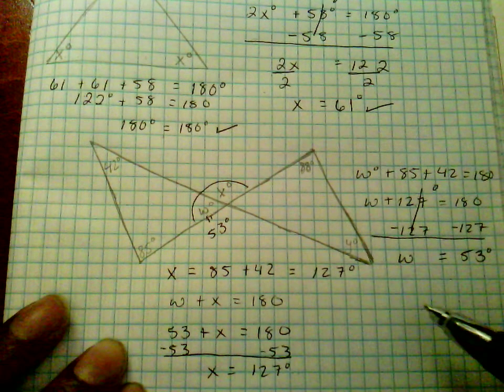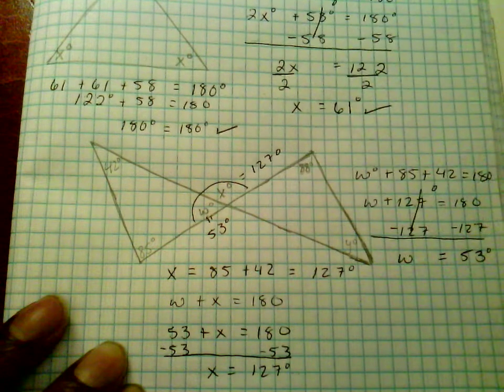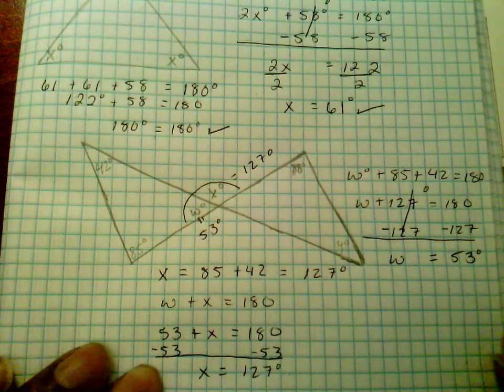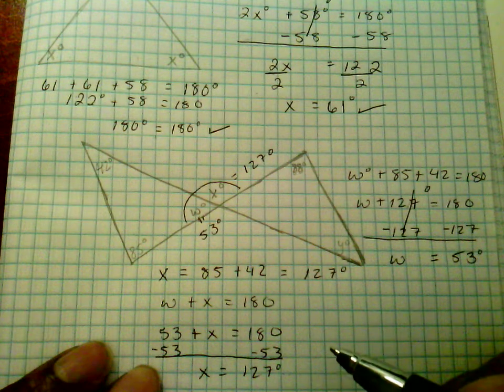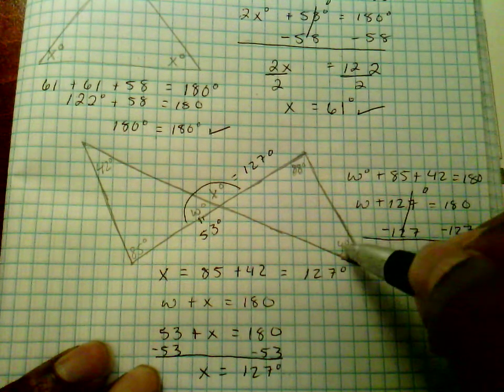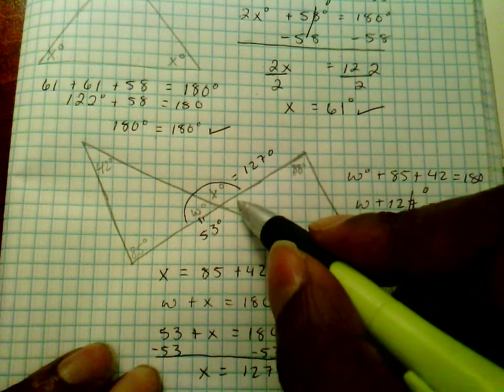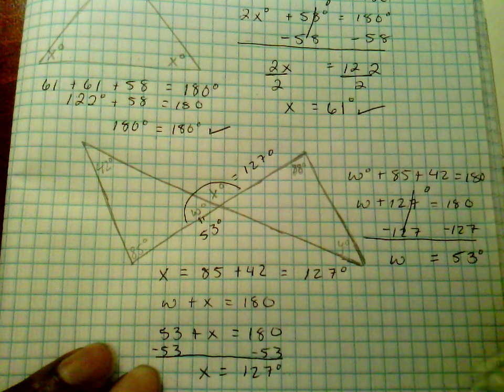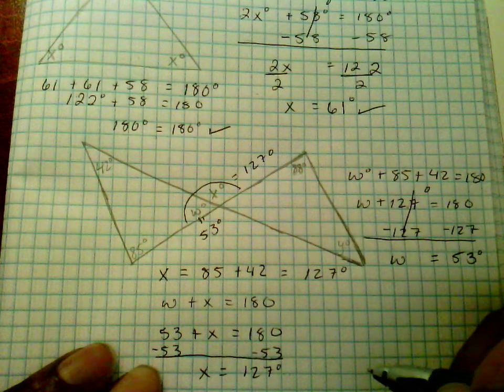All right. Now the last one to find here. Now we know X is 127 degrees. Now we look at another angle relationship here. We need to find out what Y is, but we still have a third degree measure missing here. Actually, there's two ways to solve this.